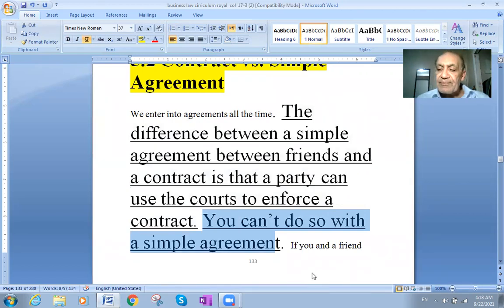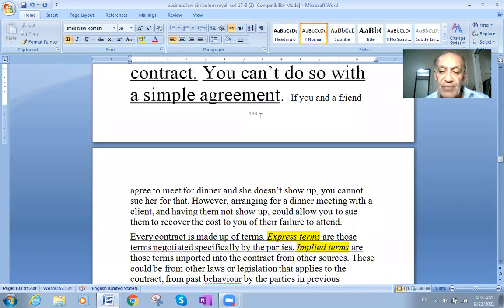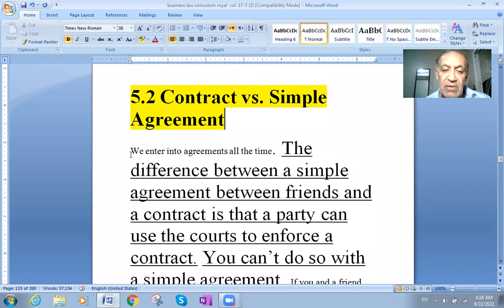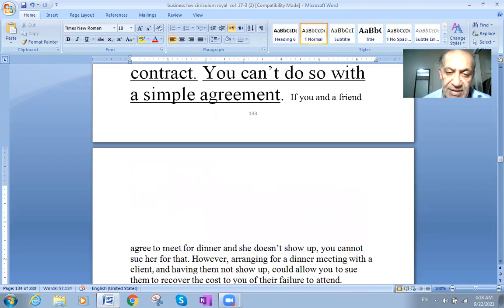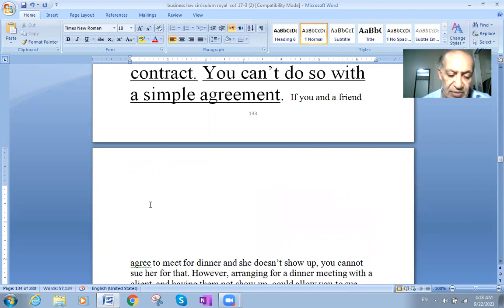So now we have a question here: what are the differences between the agreement and the simple contract? We'll keep it as a question now. We'll put the question here, and you can answer on the chat box.